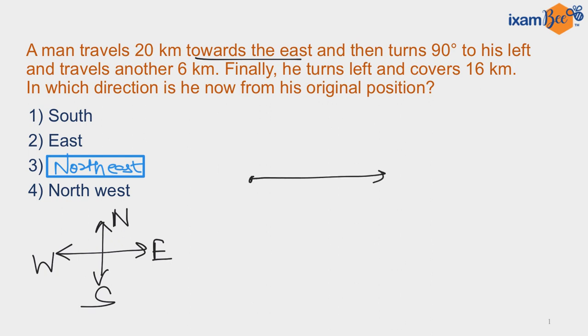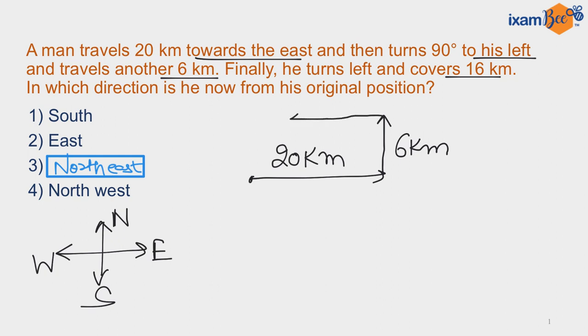So the man travels 20 kilometer in this direction, then turns 90 degree to his left and travels another 6 kilometer. Left means anti-clockwise direction, so the man must move here and travel another 6 kilometer. Finally, he turns left and covers 16 kilometer, again in anti-clockwise direction.